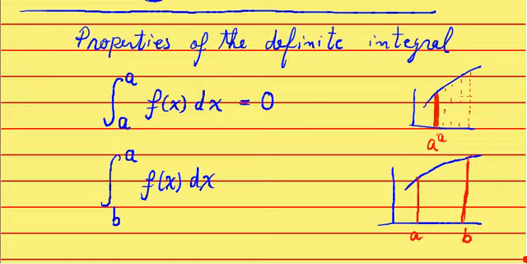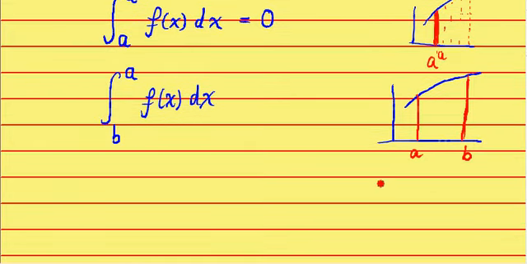Well, you remember our delta x was the second point minus the first point. So our delta x in this case is going to be a minus b over how many subdivisions you have.